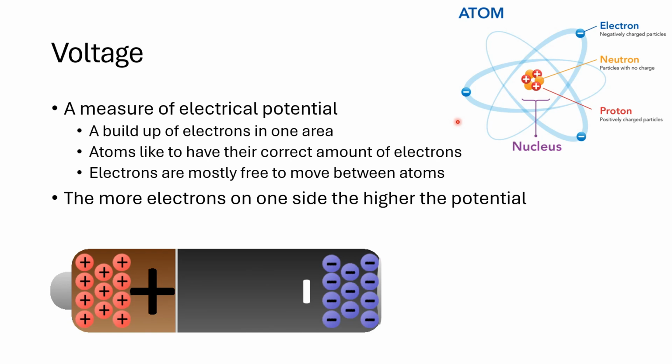So you have atoms all next to each other, and if you put a little bit of energy into that system, you can get those electrons to move from one atom to another. Those atoms like to be in a certain amount. So a copper atom, for instance, will have so many electrons that it likes to have in its atom, but it can have more or less, and that's where we get voltage.